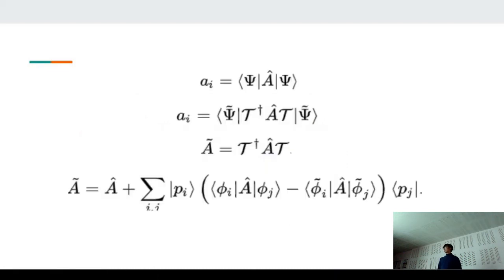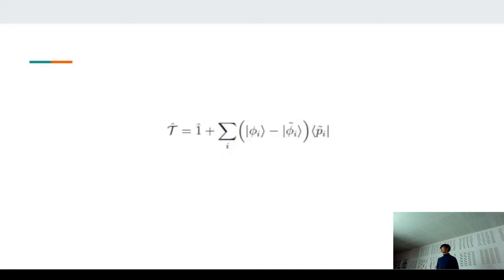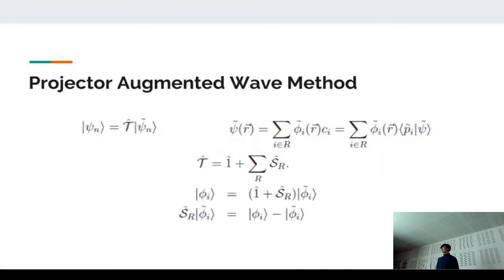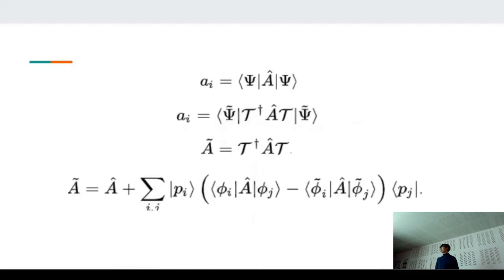It turns out that the average of an observable is simply its operator sandwiched between the brackets, and then we take what we know about T and this equation over here. We define it on the pseudo wave function instead of the full wave function, and let's call A tilde the operator that acts on a pseudo wave function, T dagger A T.